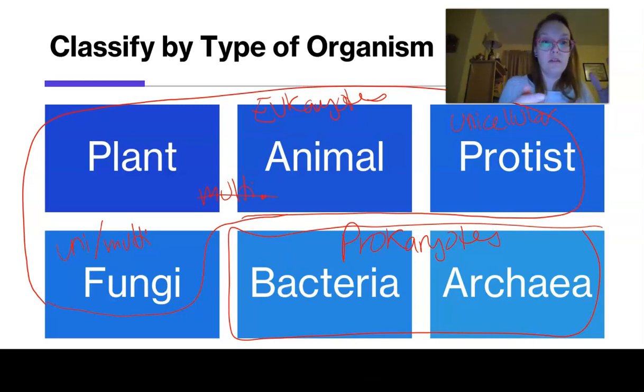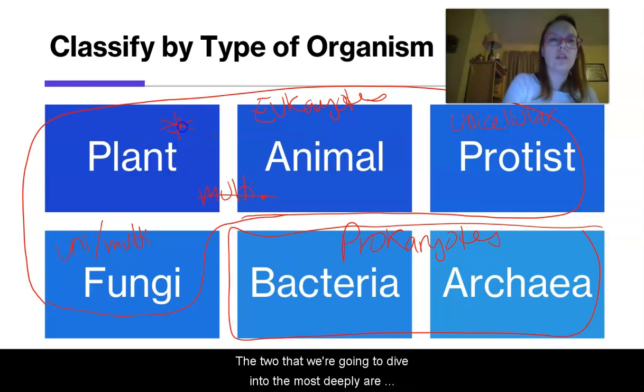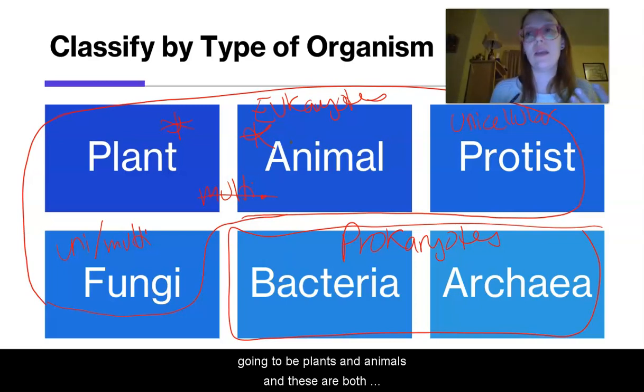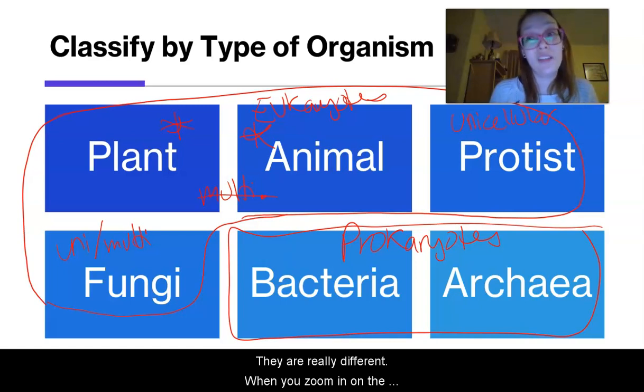And then, foreshadowing towards where we're going to go in the future, as we dive into cells, we're going to look more at their structures. The two that we're going to dive into the most deeply are going to be plants and animals. These are both multicellular, and they're both eukaryotes, but they're really different.